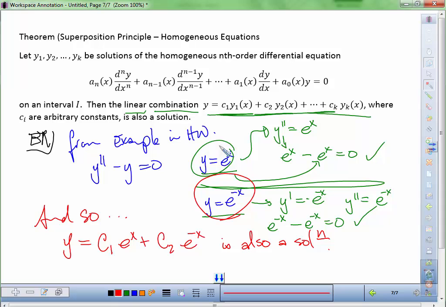Okay? Should we do another one? Let's see if we could do another one. I'd have to make up another problem in my head. Let's see. Y double prime plus y equals 0.